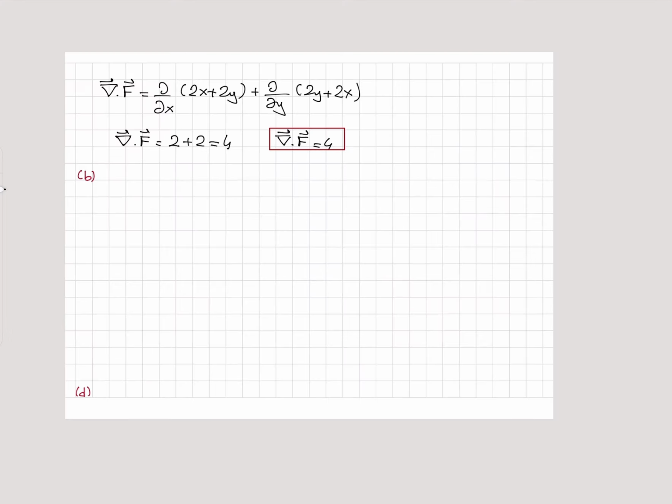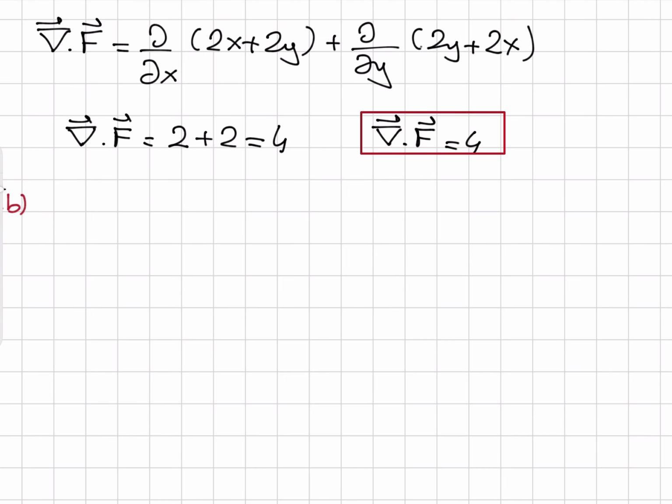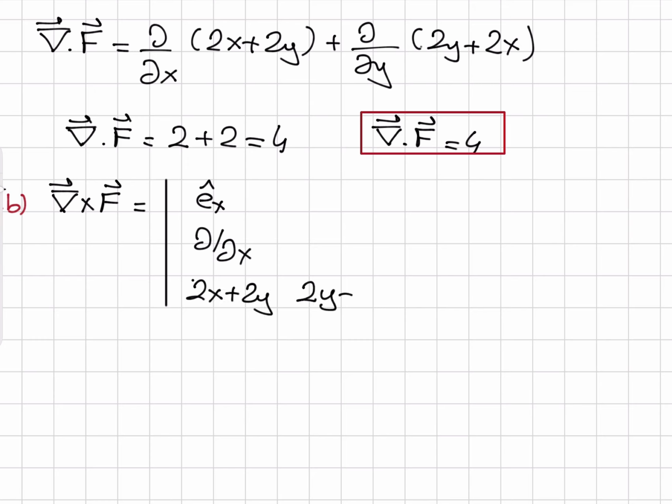Now part B asks me curl of F. Curl of F is calculated using this determinant: ex hat, del x, 2x plus 2y, and then we have 2y plus 2x, del y, ey hat, and then we have ez hat, del z, and this part is 0.